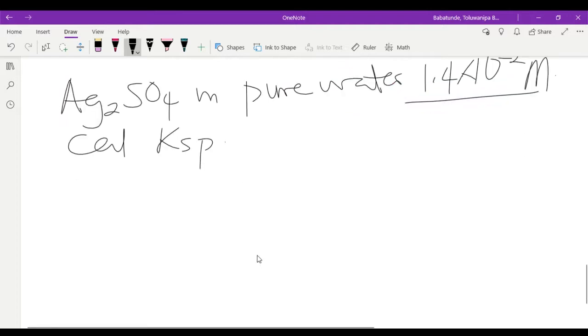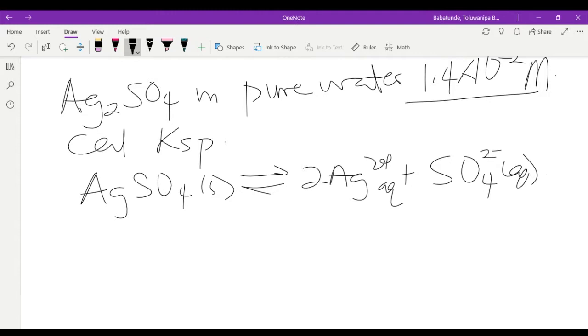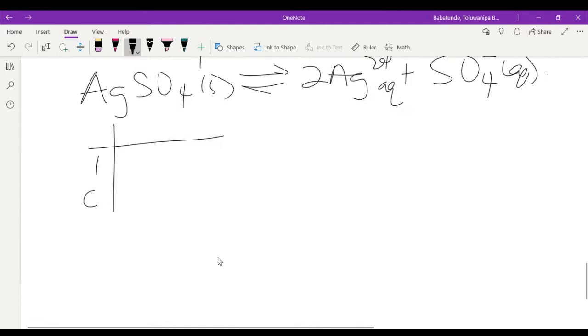As usual, the first thing we need to do is to write the equation for this. This is solid and it goes into 2 silver ions plus our sulfate ion. This is aqueous and this is aqueous. Again, we write our ICE table.